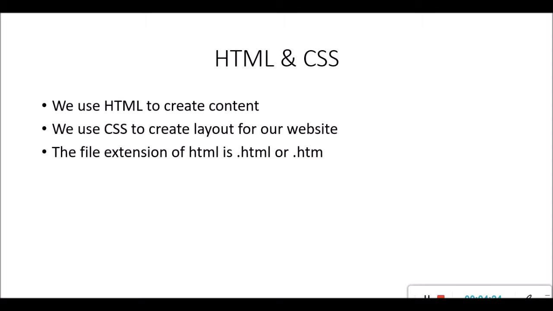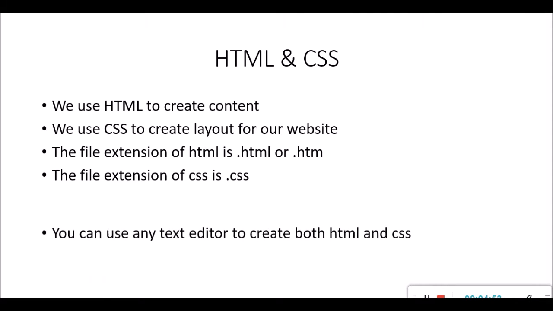Whenever you create anything in HTML, you have to make sure the file extension is .html or .htm. The file extension for CSS, you need to save it as .css.